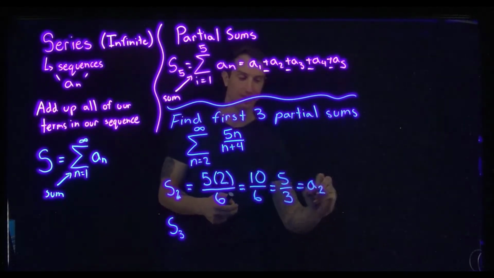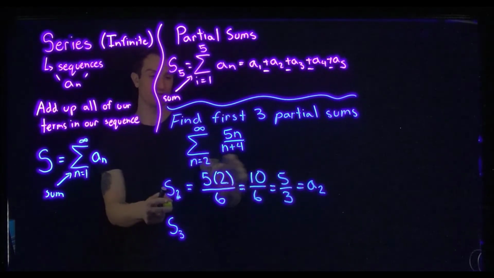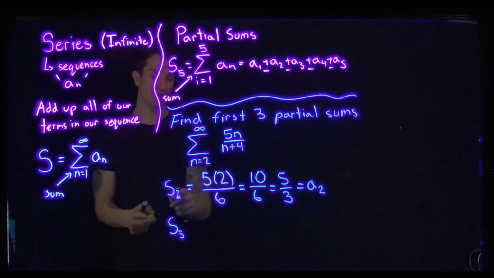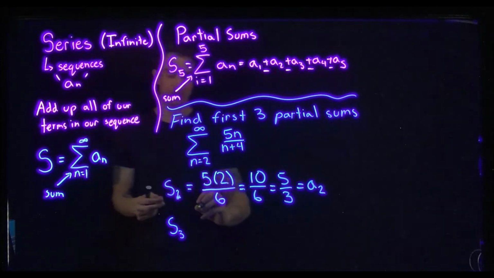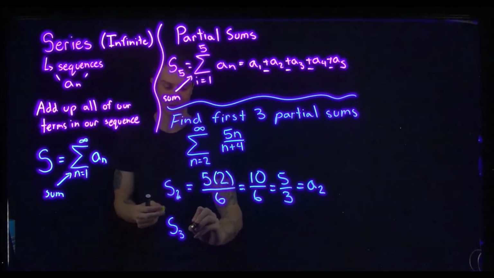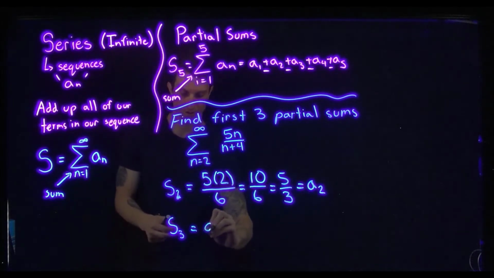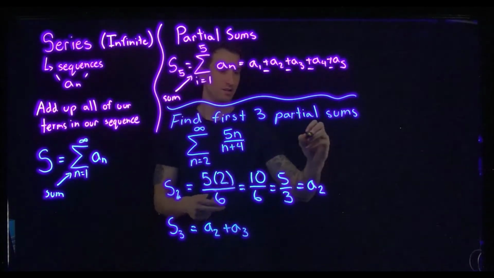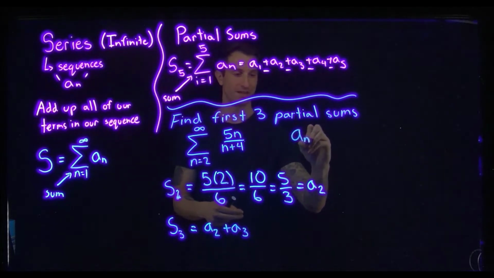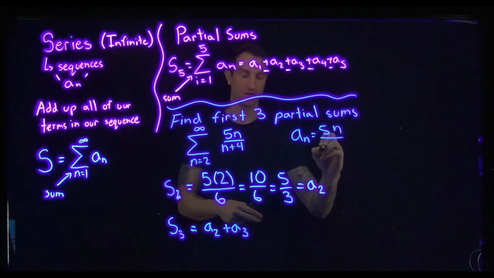Since it's the first one, it's just equal to the very first term in our sequence, because we're plugging in 2 to start. And since it's the very first one, there's nothing to add it to, so that's all it is. Now, when it comes time to do S3, all we're going to do is A2 plus A3. I'm using A sub n, just in case I've lost anybody, because this is our sequence, as a shorthand notation.